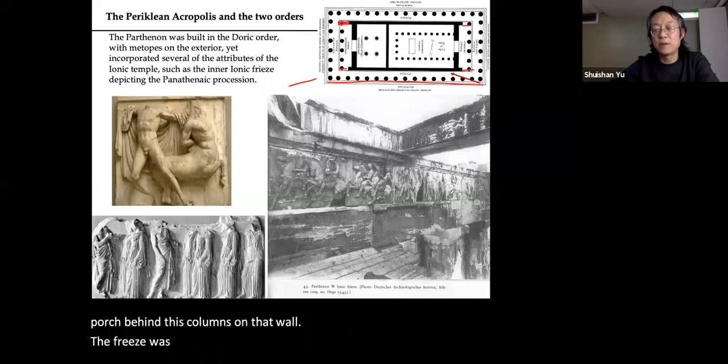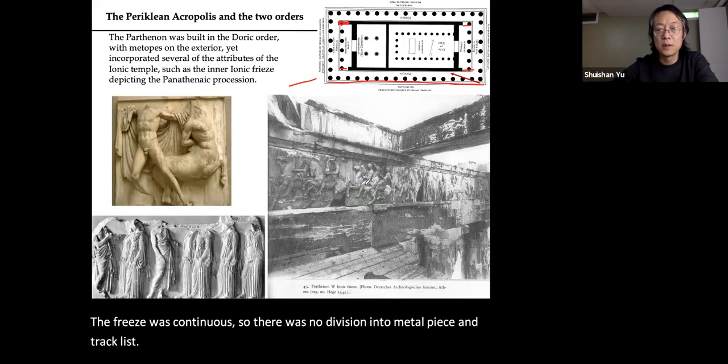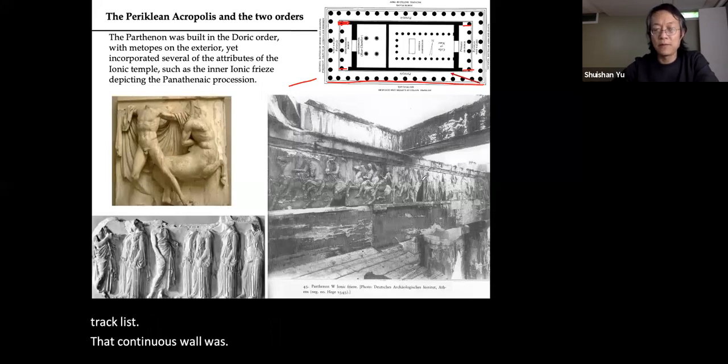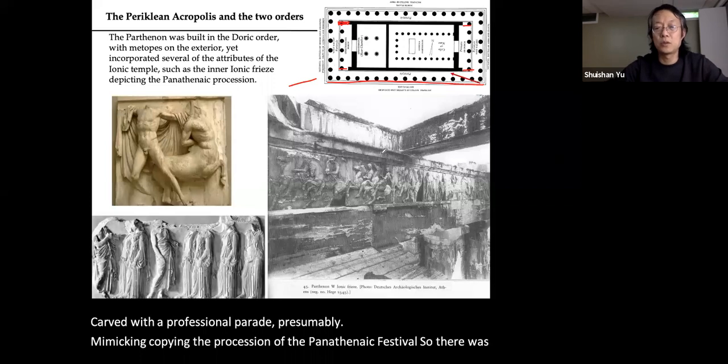So there was no division into metope and triglyph. That continuous wall was carved with a processional parade, presumably copying the procession of the Panathenaic festival. So there was a combination of these two orders.